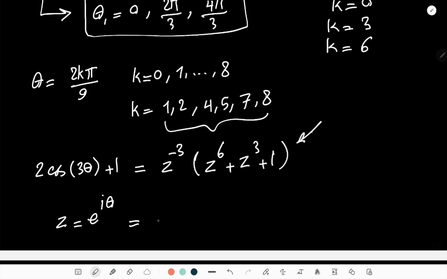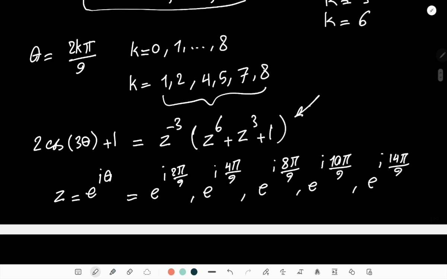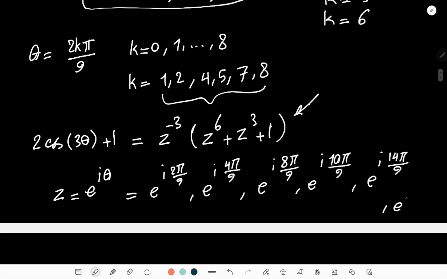So we have e to the power of i 2 pi over 9, and then e to the power of i 4 pi over 9, then e to the power of i 8 pi over 9, then e to the power of i 10 pi over 9, then e to the power of i 14 pi over 9. These are 5 roots, and then we have e to the power of i 16 pi over 9. So we found all the roots.